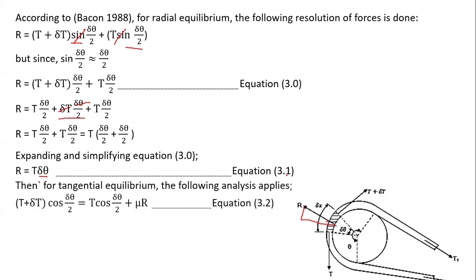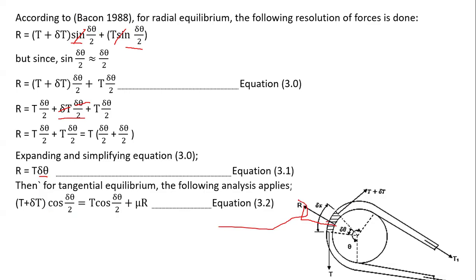Then let's now, here we were analyzing in that direction. Let's analyze now for the same equilibrium in the tangential direction, meaning at 90 degrees to the other direction we had to resolve. The only difference is that we had sine, but this time around we have cos.